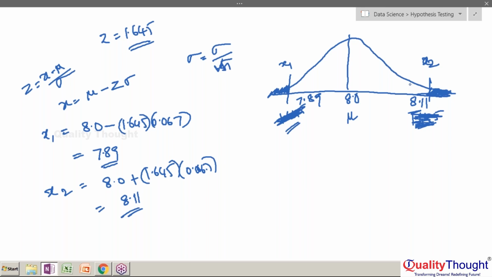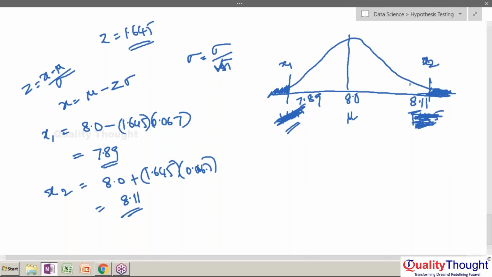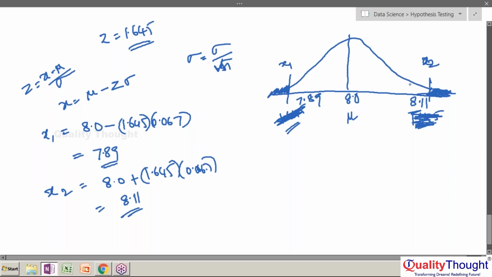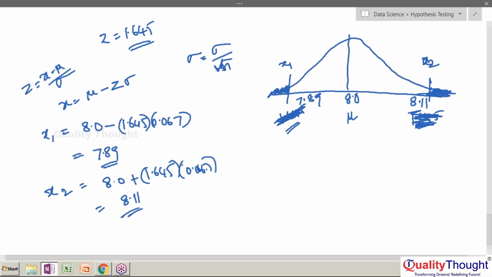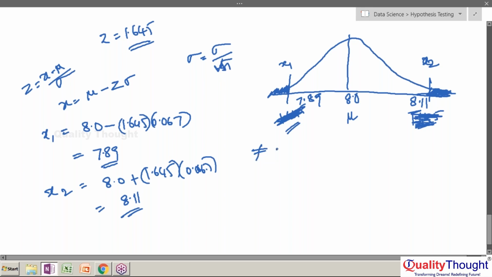Understand or not? So here, why do we do this? Because the quality team, whenever they come, will try to analyze the fat percentage, or the weight of the fat, which might not be 8 grams.